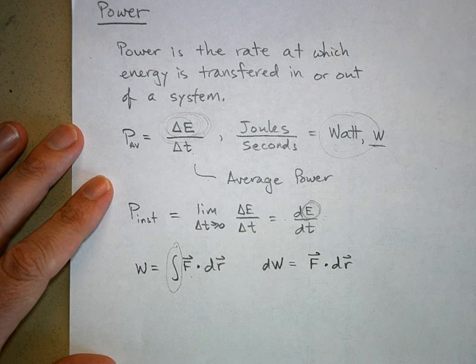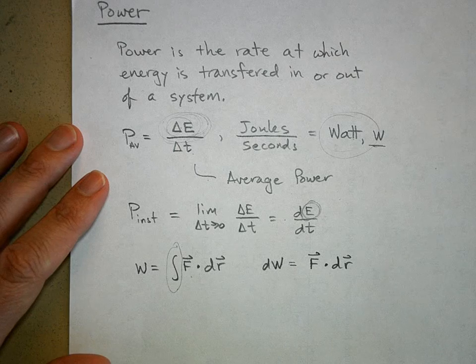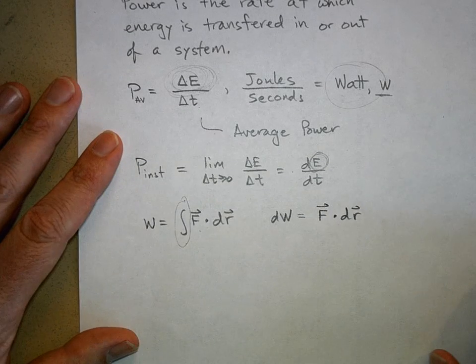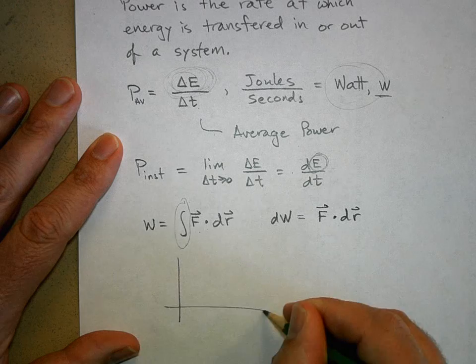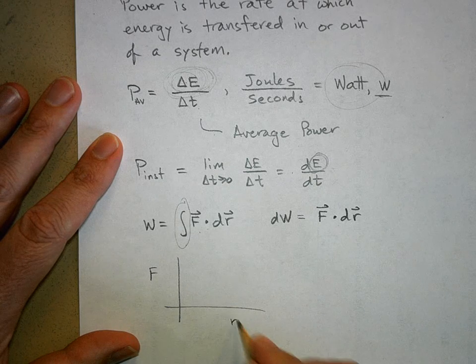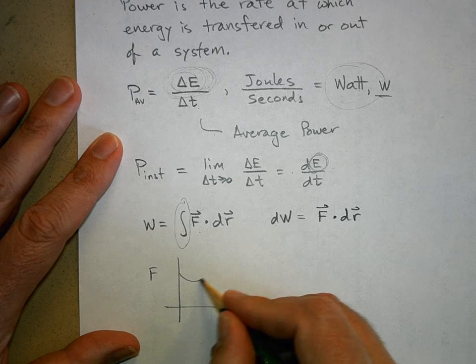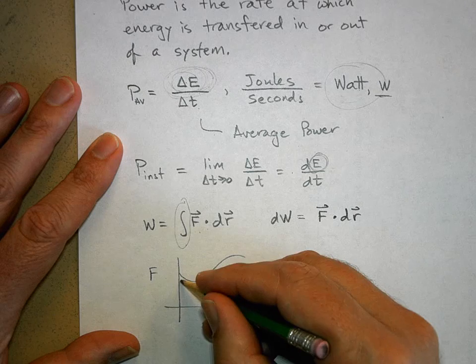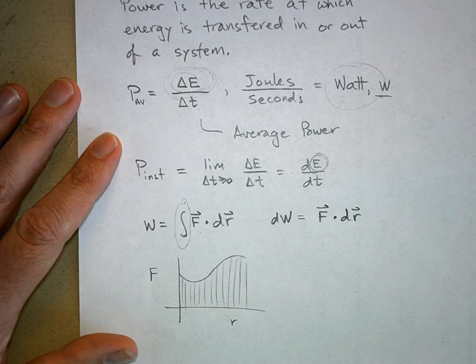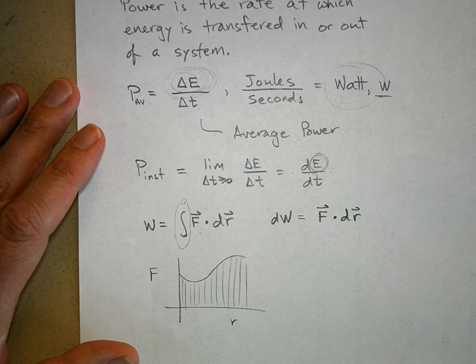Do you agree with that? Think about the little rectangles that you draw under the curve. When we explain integration, here's force and here's some R, and how do we find the area underneath the graph? We divide it into zillions of little rectangles.